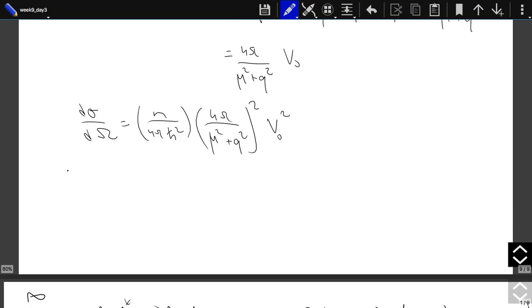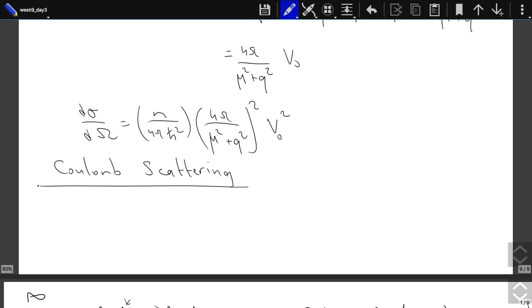Well, let's look at the Coulomb scattering. We don't need to do anything. The only thing we need to do is V0 is nothing but e squared over 4 pi epsilon 0. This is our V0, and mu is equal to 0.